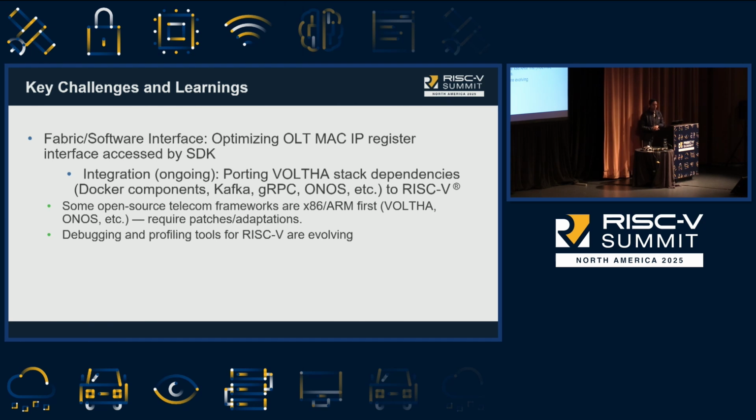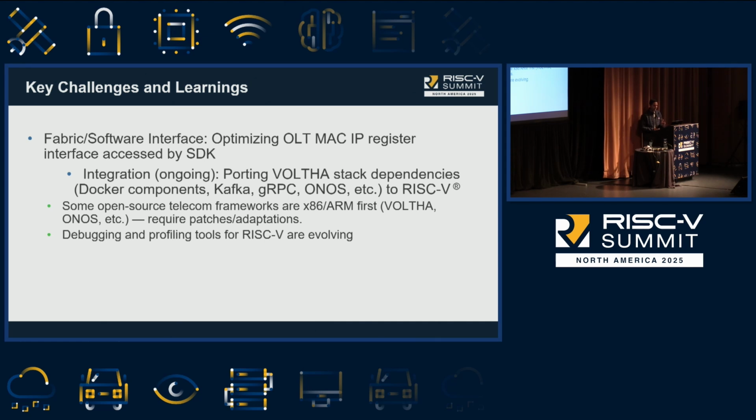The integration has been ongoing for VOLTHA, and the previous VOLTHA stacks have been on x86 and ARM, and we have been porting it to RISC-V. So there have been multiple components which have needed some patches and adaptation. There are some open source telecom frameworks which have been x86 or ARM first, like VOLTHA ONUs and the Open Network Operating System.